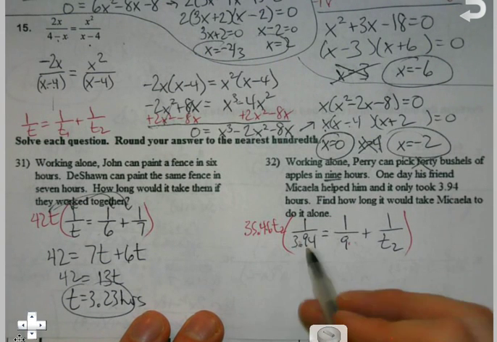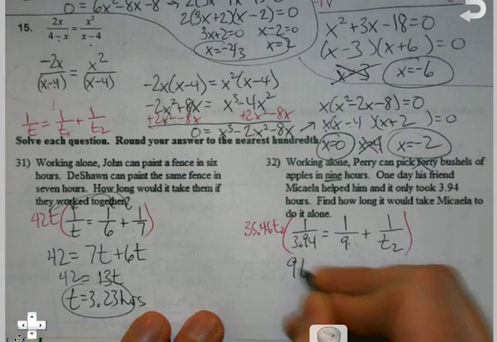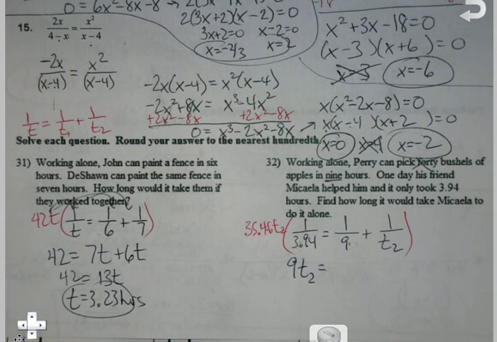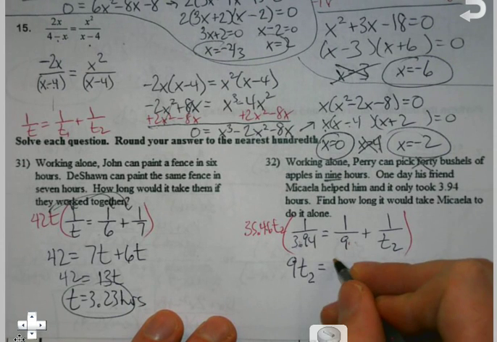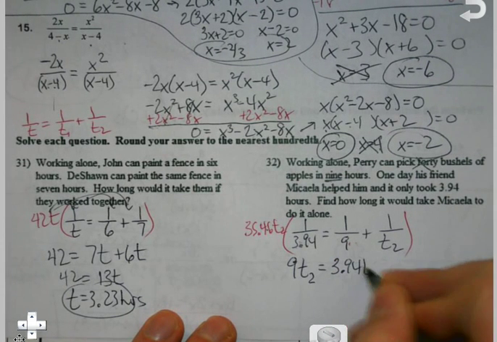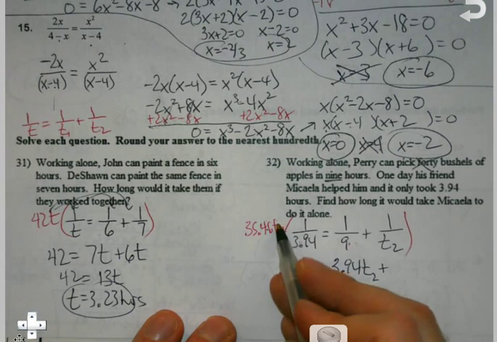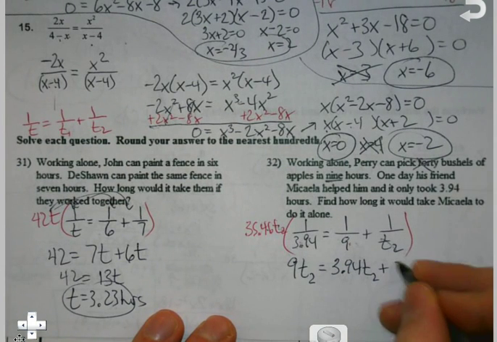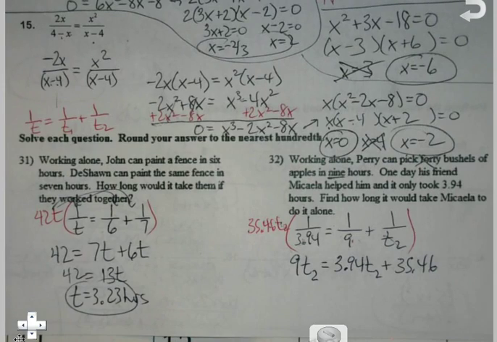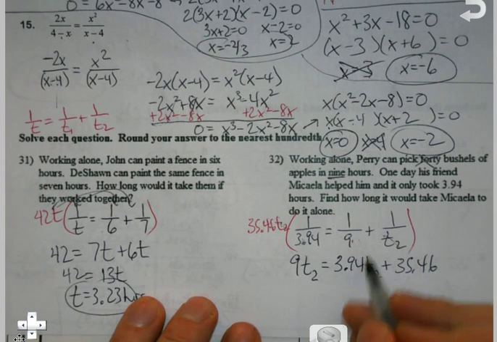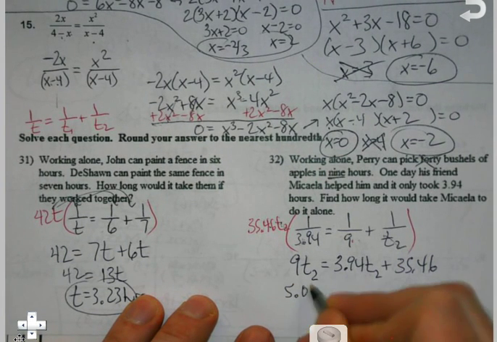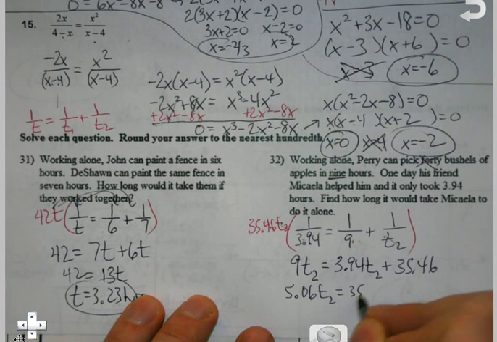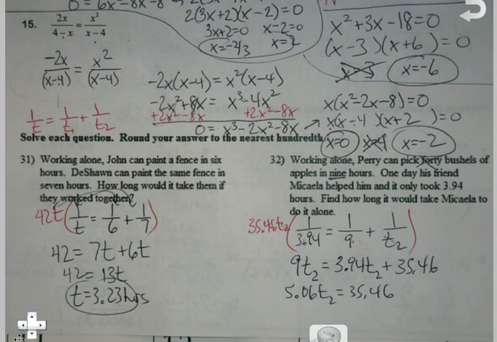So 35.46 divided by 3.94 is 9, but it doesn't cancel out the t. 35.46 divided by 9, you'll never guess, 3.94. Again, the t doesn't cancel. The t doesn't cancel to this last one where all you have left is the 35.46. Subtract your other t value over. And we're going to divide, and we are going to be done with this.